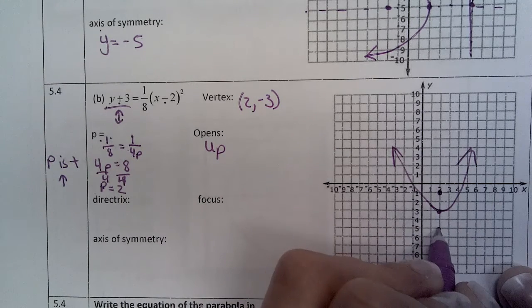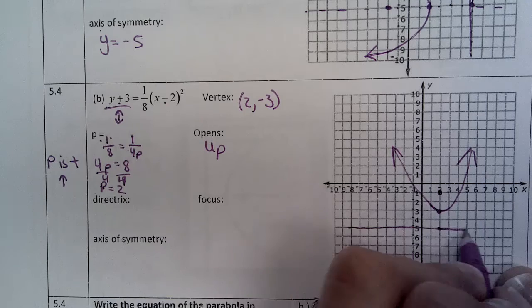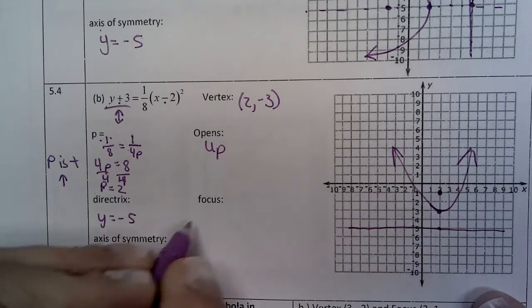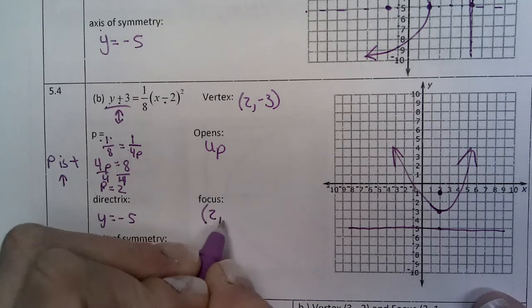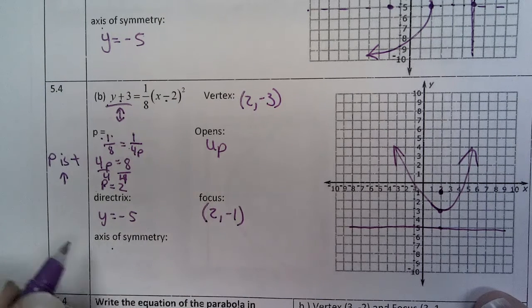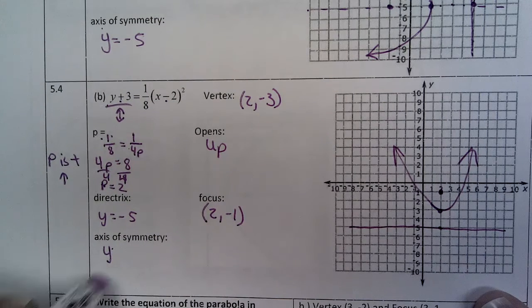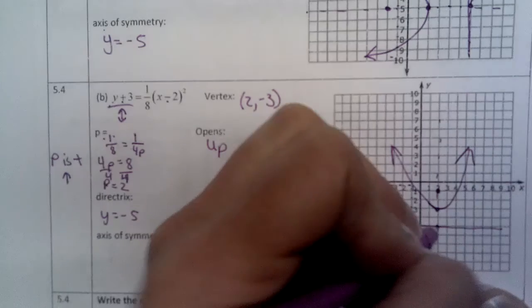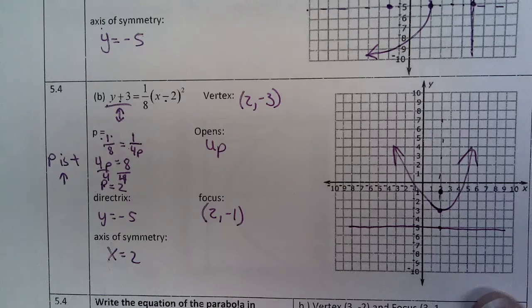And my directrix is 2 behind it on this line. So my directrix is y equals -5. My focus is (2, -1). And my axis of symmetry is not y equals, because it's a vertical line right here, so it's x equals 2.